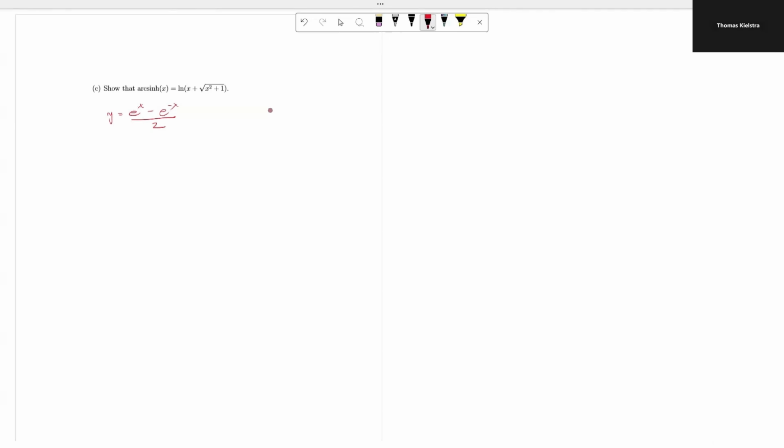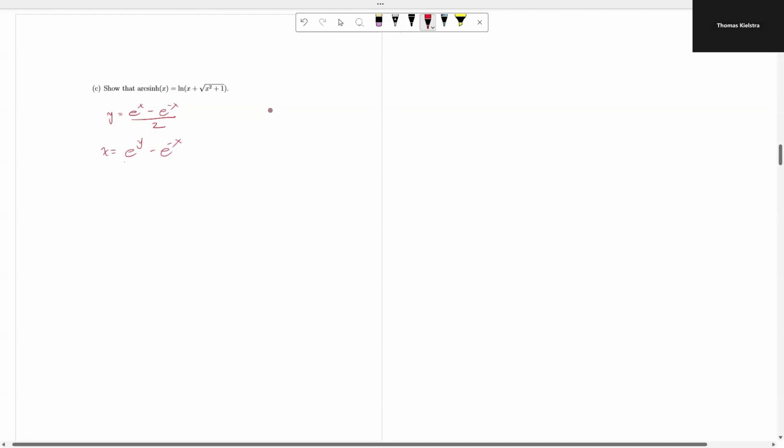Then we're going to swap our x's and our y's. So x equals e to the y minus e to the minus y over 2, or 2x equals e to the y minus e to the minus y. I'm going to multiply both sides by e to the y. This gives me 2x e to the y equals e to the 2y minus 1.